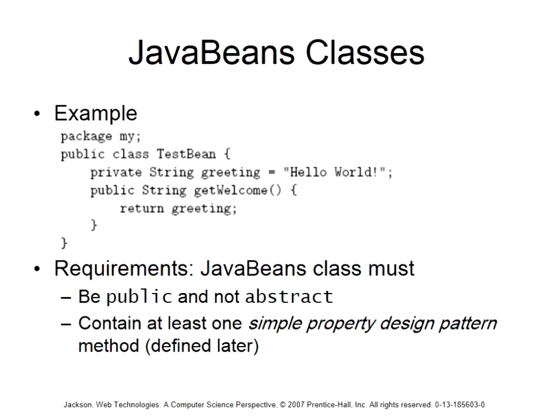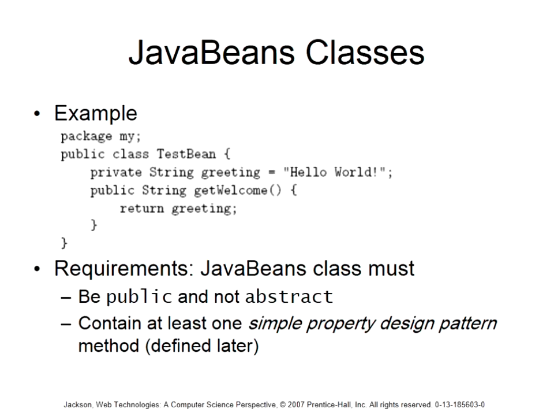What represents greeting for our class? A variable, not an instance. Greeting is an attribute. After that, we have public String getWelcome. What is getWelcome? Very good. It is a method, and this method returns greeting.